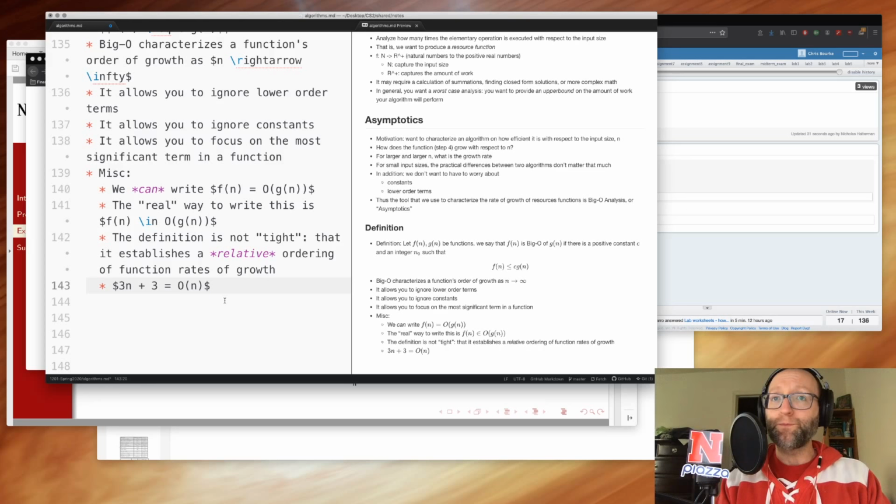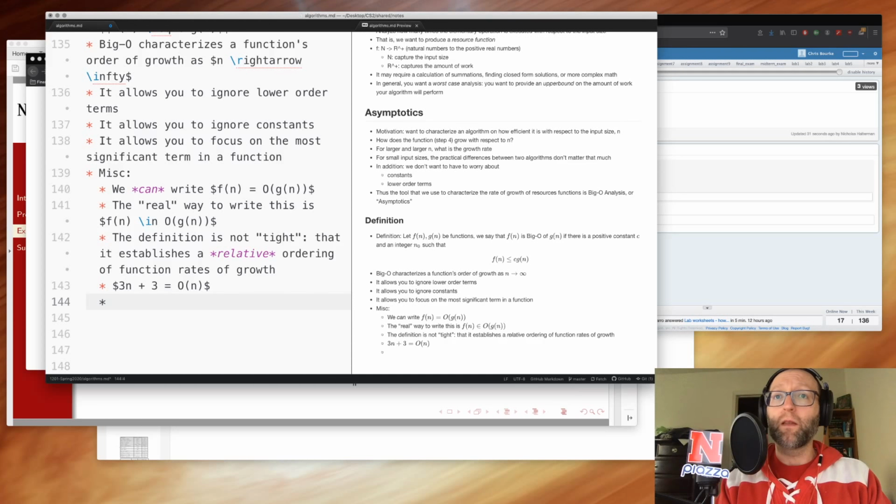But also, it's also true that 3n plus 3 is big O of n squared, right? That's because this is just bigger. You're just making the class of functions larger. Any linear function is still going to be constrained from above by a quadratic function here, right?